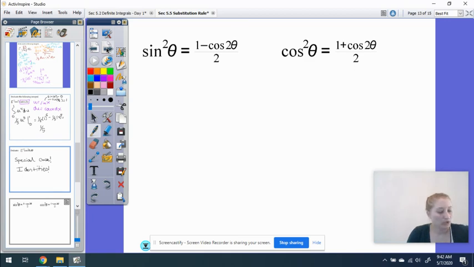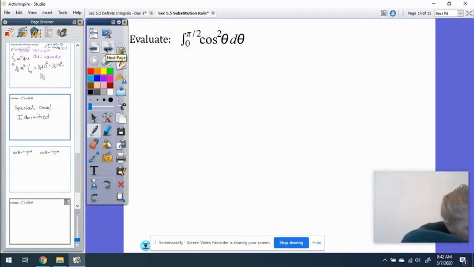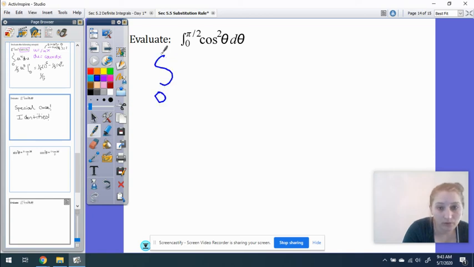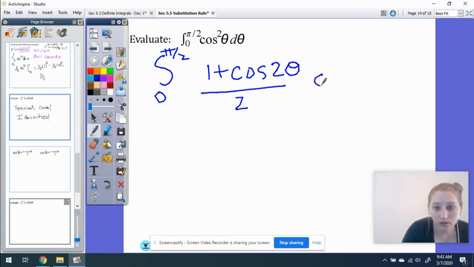Okay, so we have cosine squared theta. So cosine squared theta is actually the same as 1 plus cosine 2 theta all divided by 2. So what we can do is we can resubstitute in, so I'm leaving this as 0 and pi over 2. And I'm going to rewrite cosine squared theta as 1 plus cosine 2 theta divided by 2 d theta.